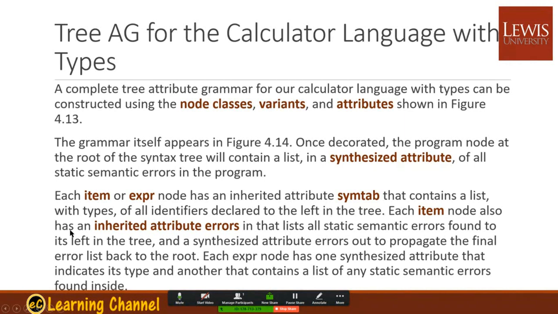Each item node also has an inherited attribute errors in, that lists all static semantic errors found to the left in the tree, and the synthesized attribute errors out, to propagate the final error list back to the root. Each expression node has one synthesized attribute that indicates its type, and another that contains a list of any static semantic errors found inside.